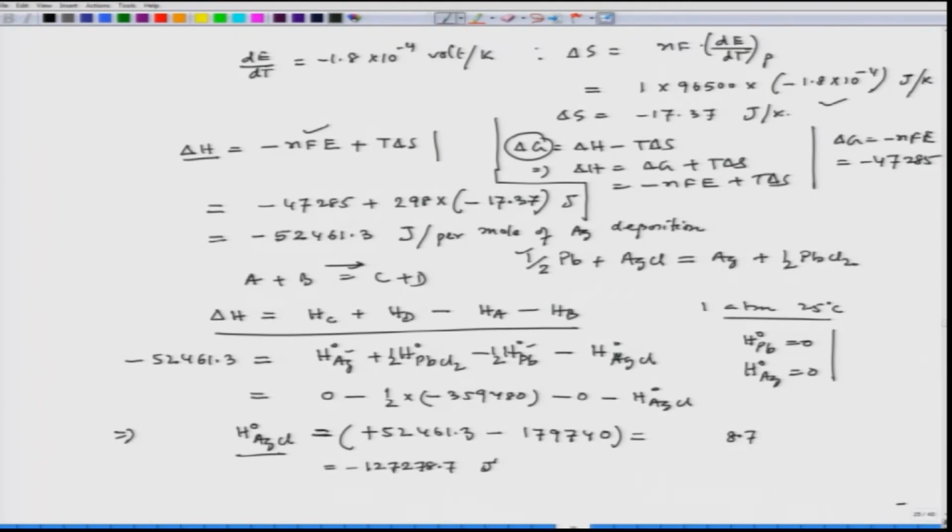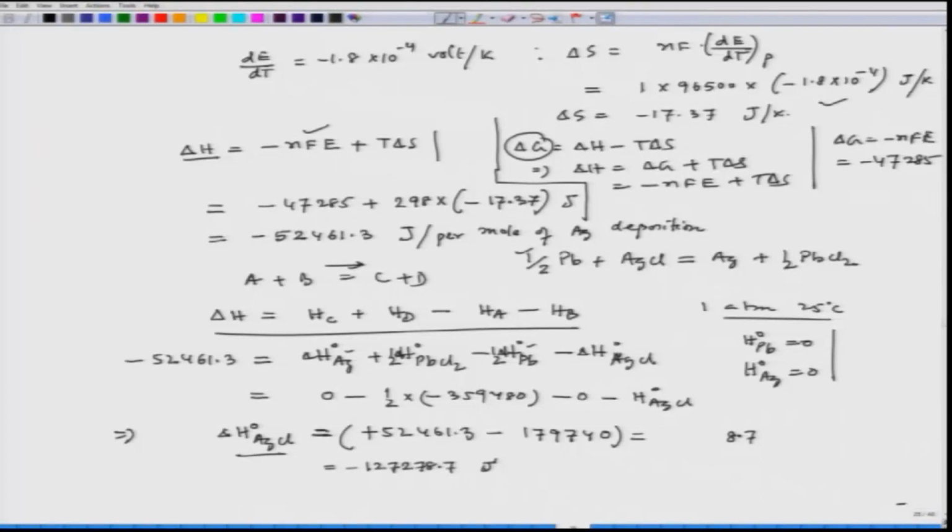So, here we can see that we have not put the del value here. We can also put del because absolute enthalpy we cannot calculate, we have to calculate a relative enthalpy, which is the difference. So, actually this is nothing but del H0 of AgCl, the formation enthalpy of AgCl.